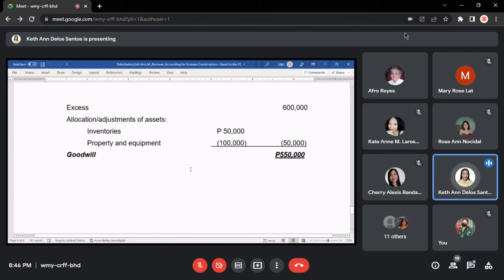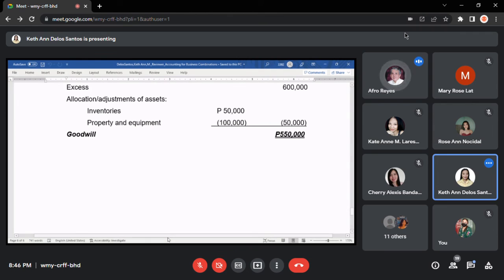Well, yung property and equipment, yung book value ng 900,000 pesos less yung fair value na 1 million kaya negative 100,000 pesos is equals to negative 50,000 pesos. And consider na yung goodwill niya will be 550,000 pesos kasi excess minus itong allocation and adjustment sa assets. Yan lang po, sir.